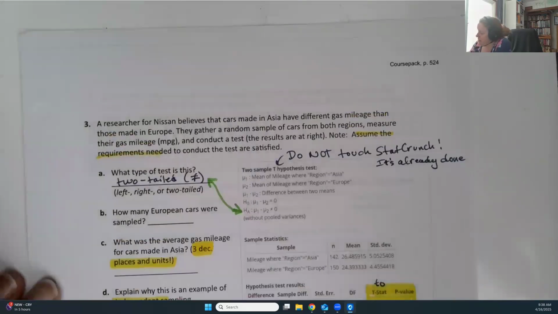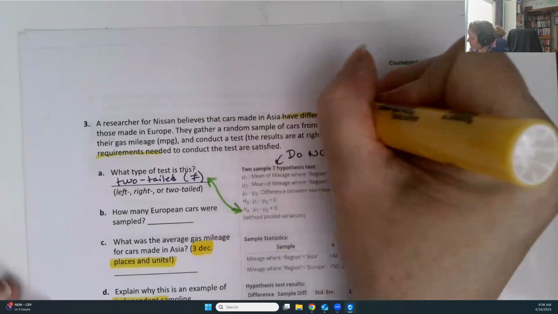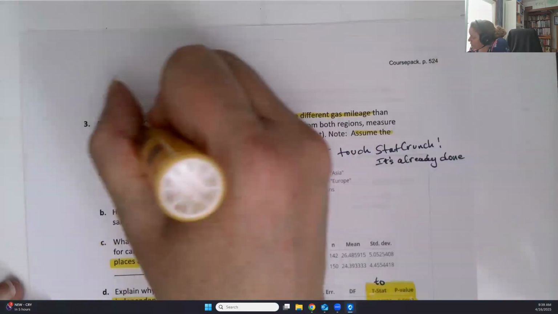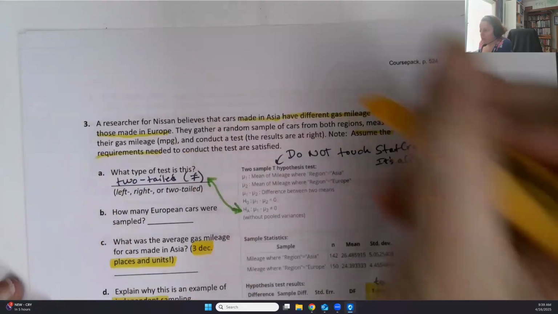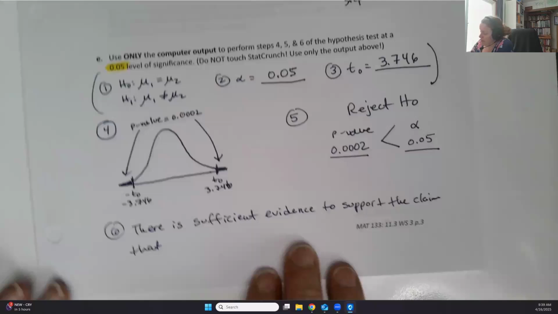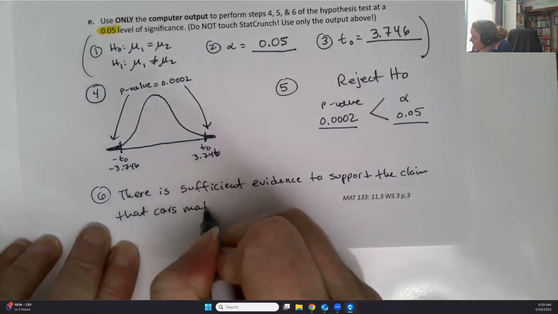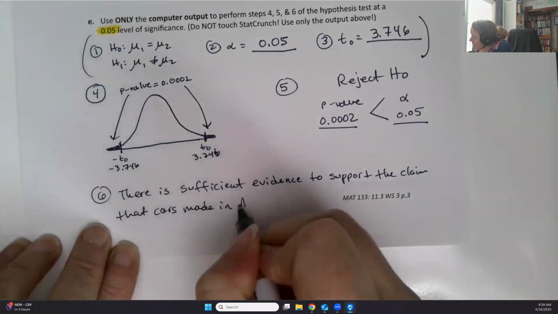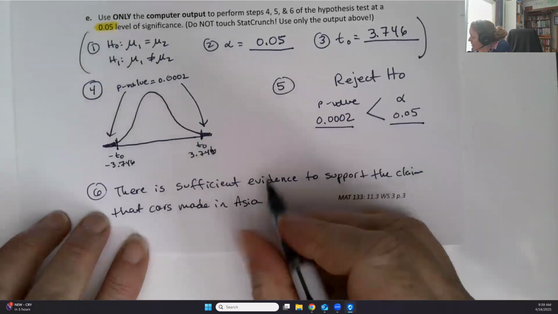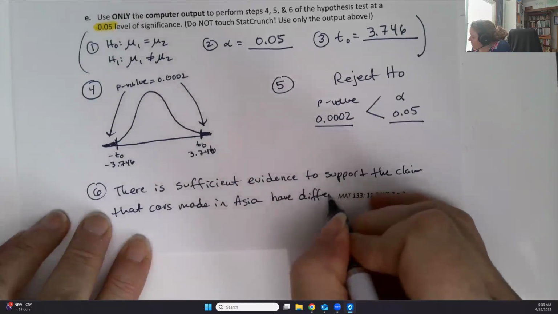Cars made in Asia have a different gas mileage than cars made in Europe, right? It's up there, right? That's the claim. So that's what we'll say. So that cars made in Asia have different, right?